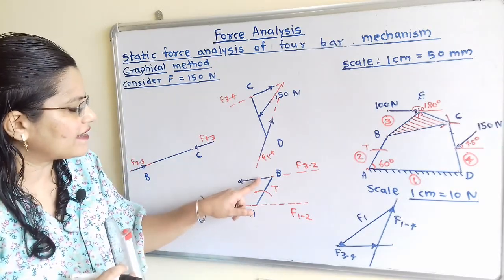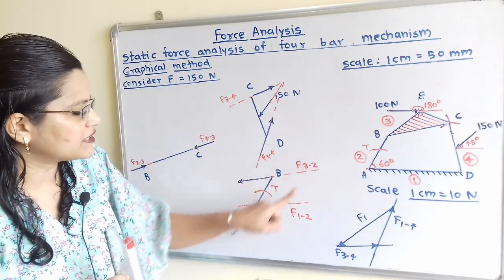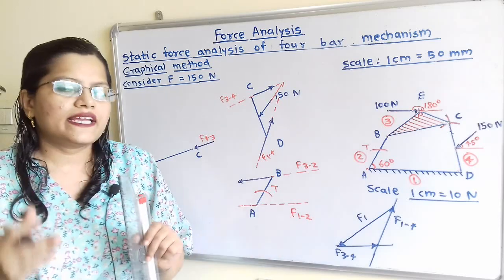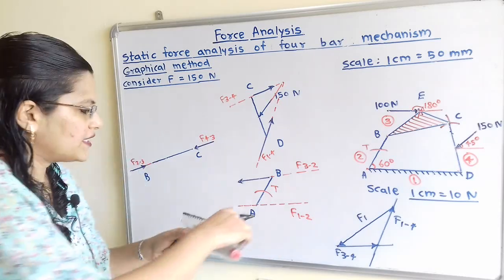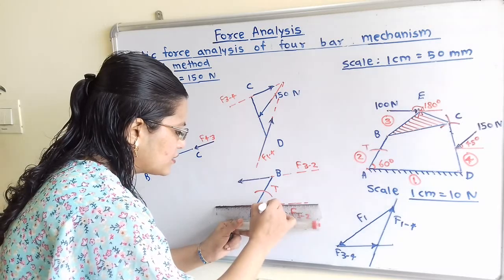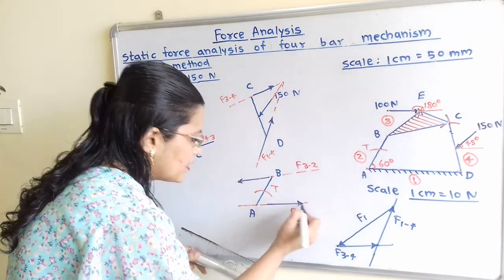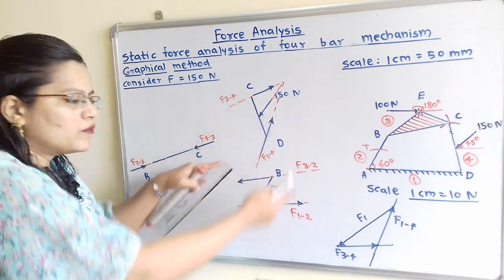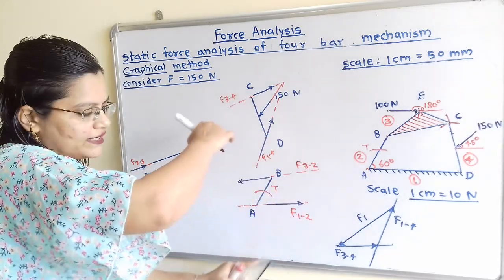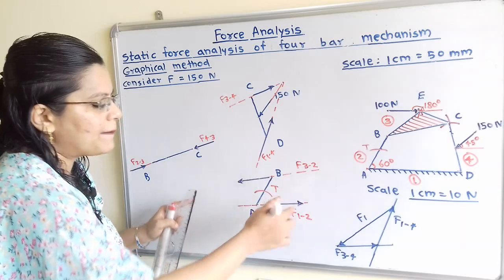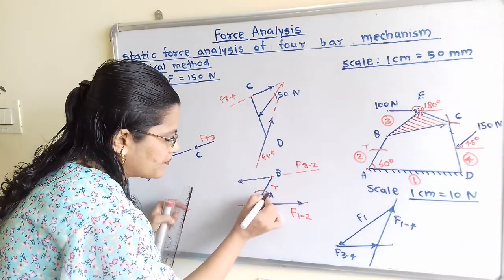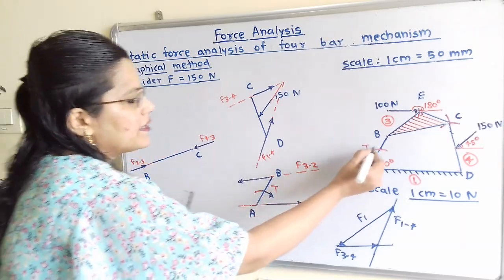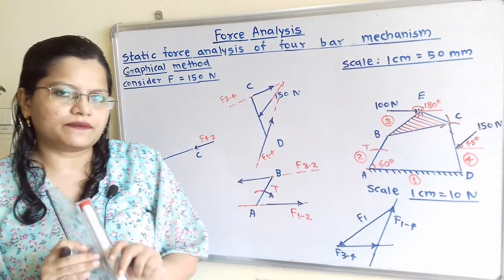So we know that these forces, F of 3 to 2 and F of 1 to 2, are equal in magnitude but opposite in direction. So I have to show the direction here. Now if we observe, these two forces form a couple and move in the anti-clockwise direction. So here the torque should apply in the clockwise direction. So we get the direction of this torque T.